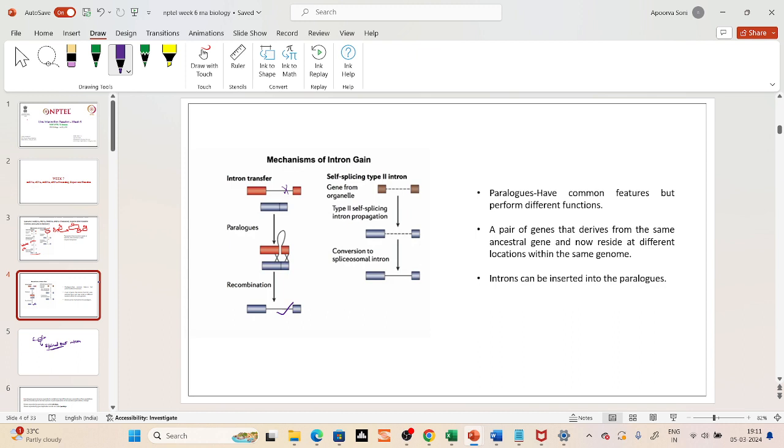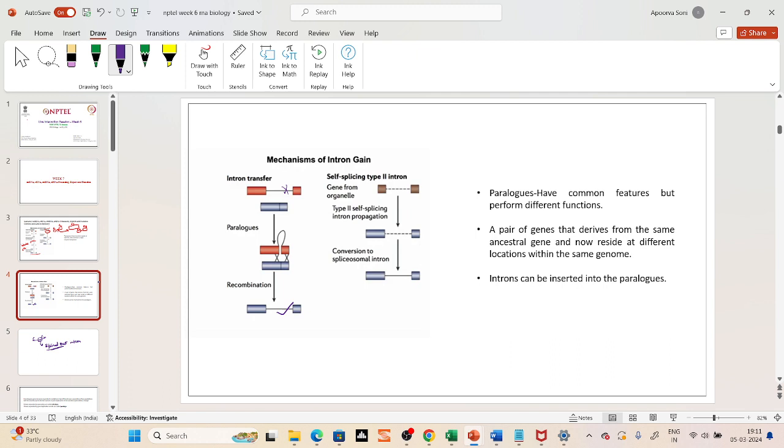Self-splicing type 2 intron means that, as we have already studied, there are different classes of introns. Some are self-splicing introns and some are introns which are required in the spliceosomal complex. Self-splicing introns do not require a spliceosomal complex or anything.